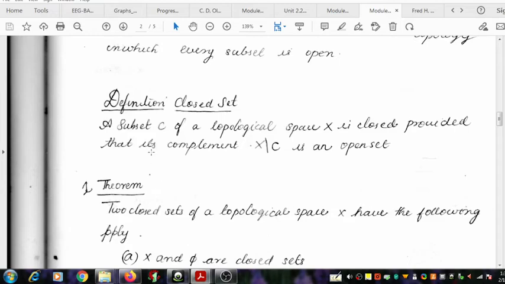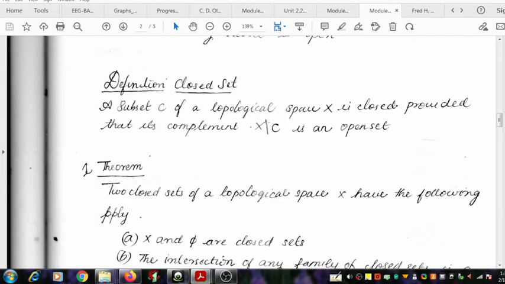In this space, let C be a subset of X. For C to be closed, we take its complement, C complement, which is equal to X minus C. If C complement is open, then we say that C is closed. So C is closed if and only if X minus C is open.